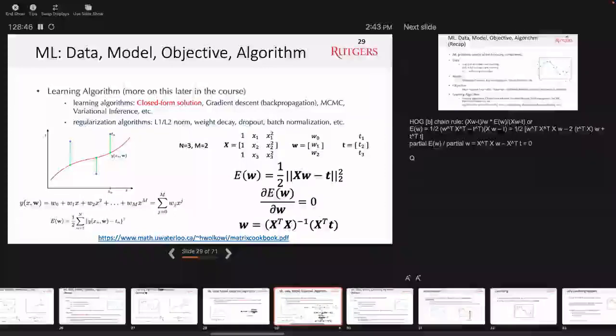Basically, the intuition is that, again, we have this plot, right? This horizontal axis is w, and this objective function looks like this. Basically, you're looking for a point where the gradient is 0. Right?